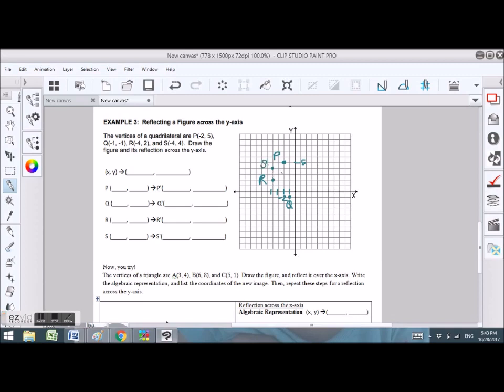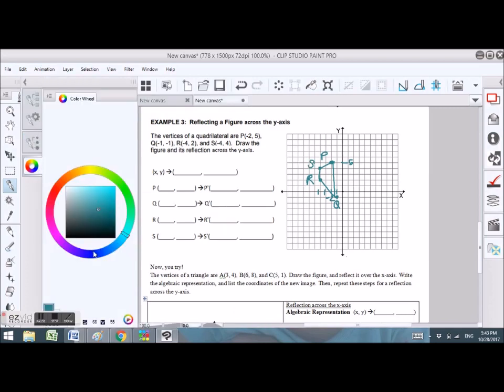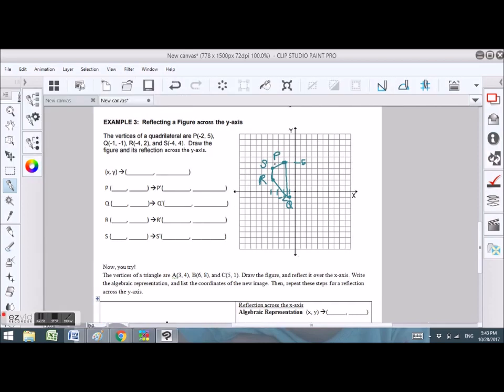Okay, so we have kind of a funny looking quadrilateral over here. Let's use a brighter color. Alright, so a reflection across the y-axis. We know that x is the one that's going to change now, and y is going to stay the same.